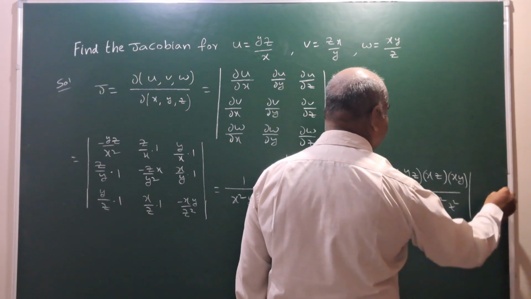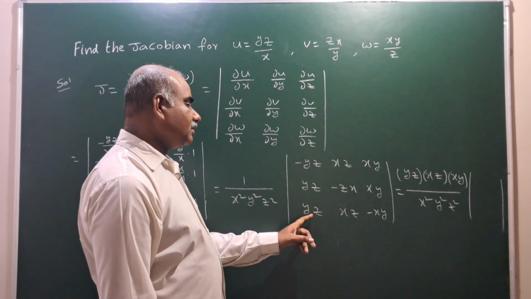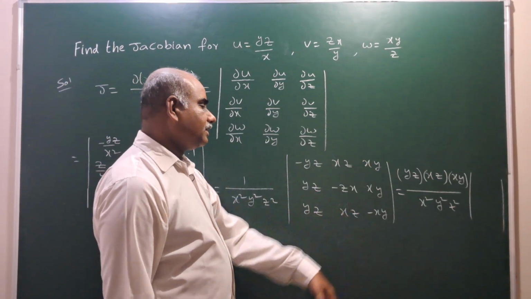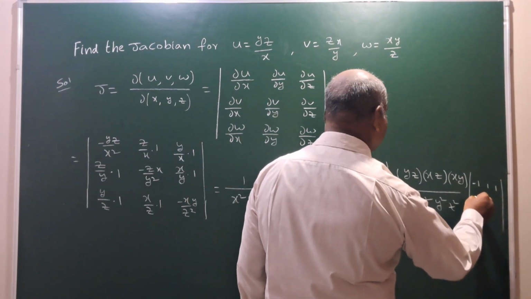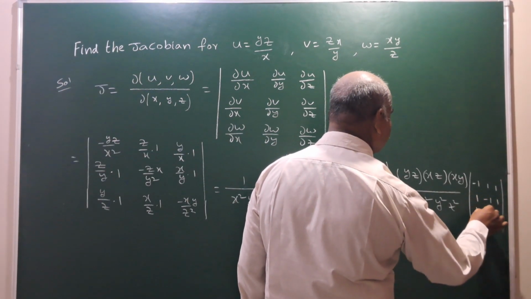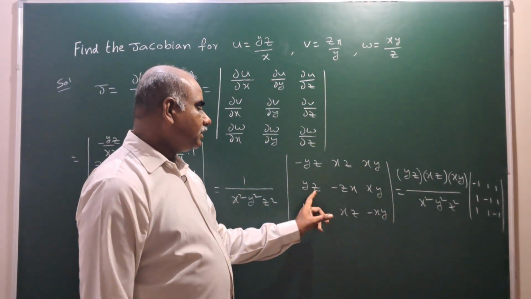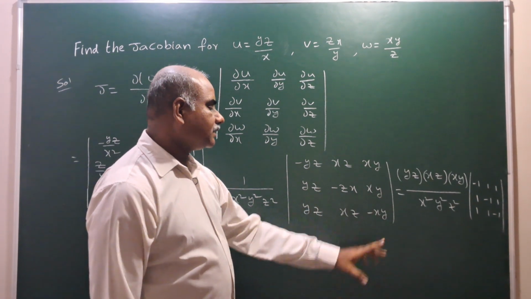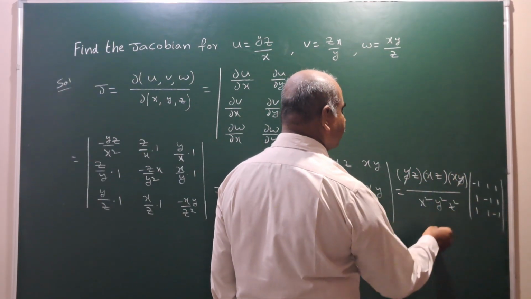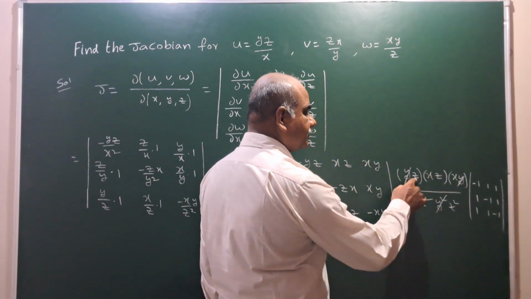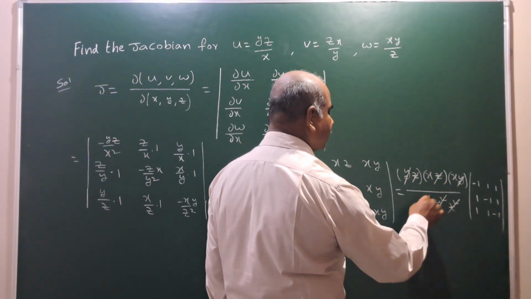The remaining determinant is: minus 1, 1, 1; 1, minus 1, 1; 1, 1, minus 1. Okay. So here y into y square, so cancel y square in both numerator and denominator. z into z square, cancel z square. x into x square, cancel x square.